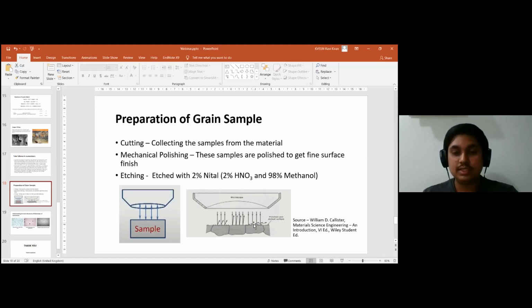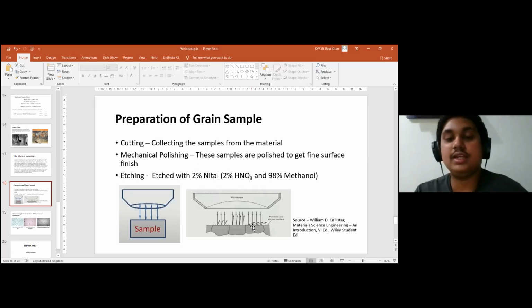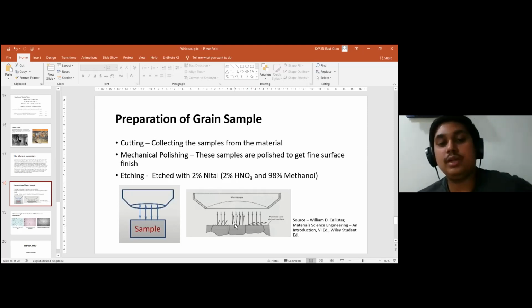So the ratio of both of these, like at what proportion ferrite is present, or at what proportion pearlite is present, gives us an understanding of how the metal behaves when coming to these kinds of reactions.